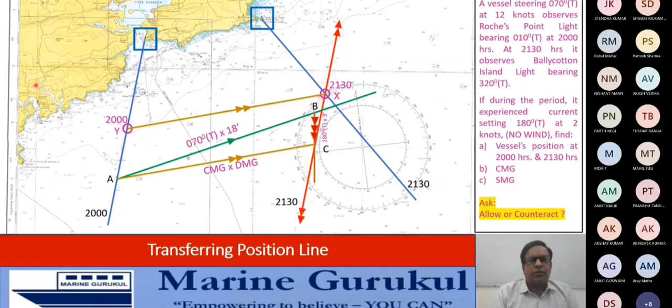So in this question now, point Y is fixed at 2000 hours, point X is fixed at 2130 hours, Y to X is the CMG, and Y to X is the distance made good in 1.5 hours, when divided by time of 1.5 hours shall give us the speed made good. So beta, have a good look at the plot. Let me know any doubts coming to the mind.